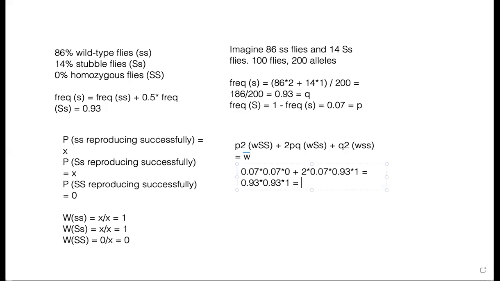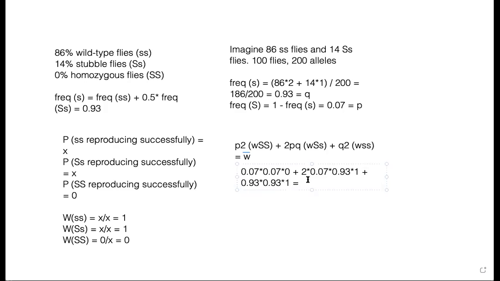Okay, so I need somebody to plug and chug what I've just done. 0.07 squared times 0, that's easy, plus 2 times 0.07 times 0.93 times 1, plus, sorry, I just realized that should be a plus, not an equal sign, plus 0.93 times 0.93 times 1.